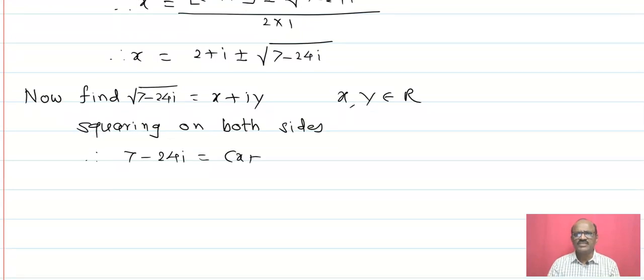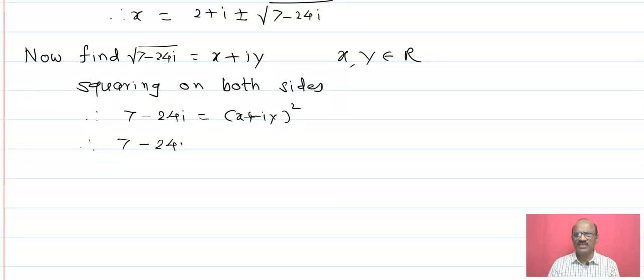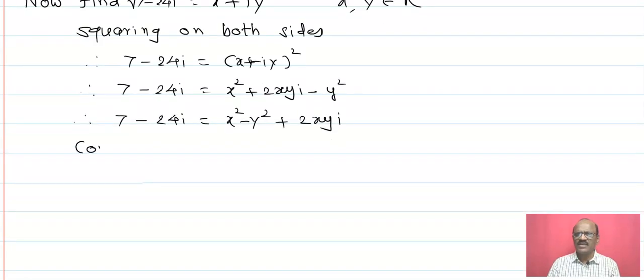is equal to x plus iy, where x and y belong to the set of real numbers. Now see this, squaring on both sides, you will get 7 minus 24i is equal to (x plus iy) square. Now expand the right hand side: it is x square plus 2xyi plus i square y square, but the value of i square is minus 1, therefore it is minus y square.